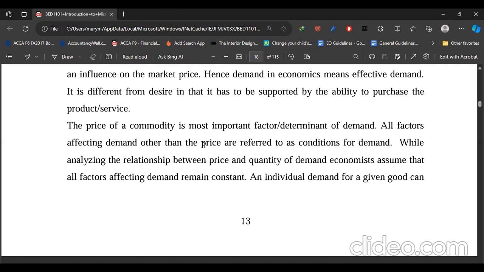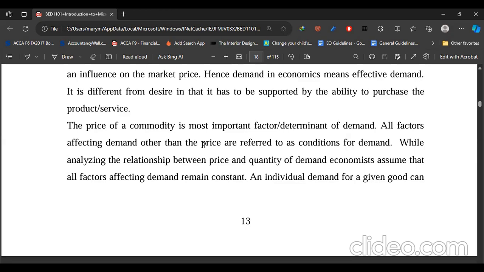Now, the price of a commodity is the most important factor or determinant of demand. All factors affecting demand other than the price are referred to as conditions of demand. When you analyze the relationship between the price and quantity demanded, economists assume that all factors affecting demand remain constant.